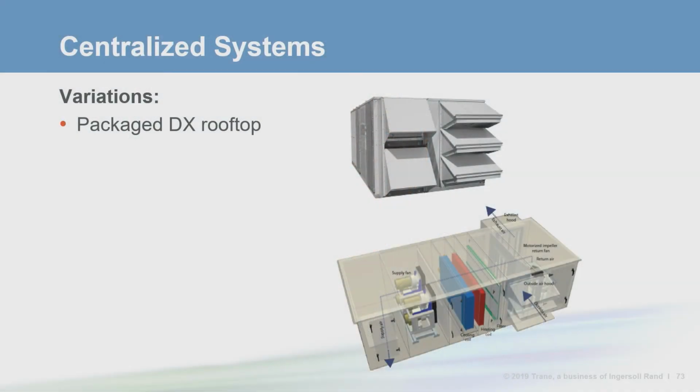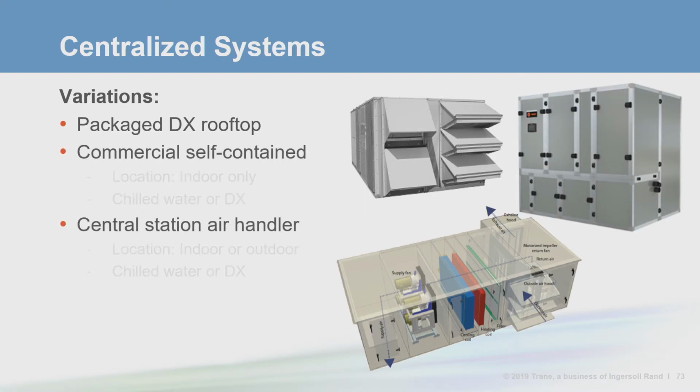Let's start with centralized systems, which, when compared to most distributed systems, can more easily accommodate airside economizing. A centralized system includes everything needed to condition and ventilate the space. Centralized systems include package DX rooftops, commercial self-contained units, and central station air handlers. Systems with package DX rooftops contain the mechanical cooling and heat rejection in one packaged piece of equipment.